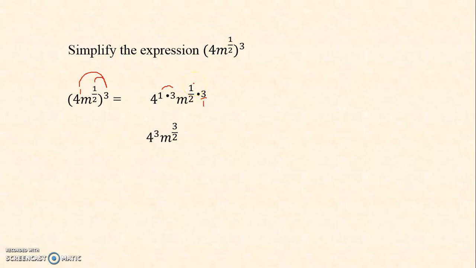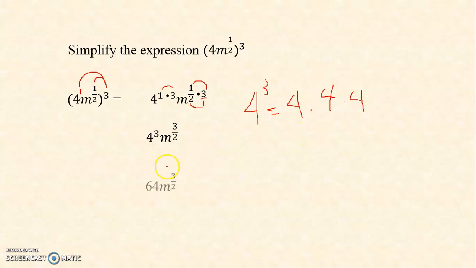Multiplying fractions, multiply the numerators. 1 times 3, that is 3. And 2 times 1, that is 2. Okay? Is that the final answer? 4 raised to 3. What is the value of 4 raised to 3? Does it mean to say that it is 4 times 3? No, it must be 4 times 4 times 4.